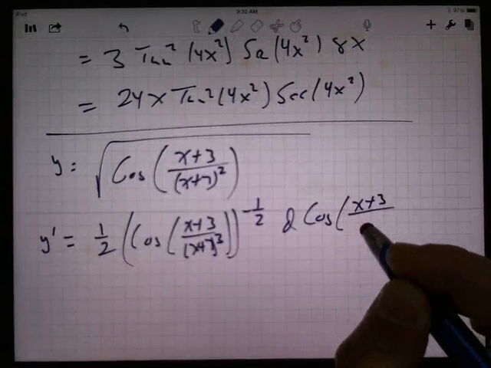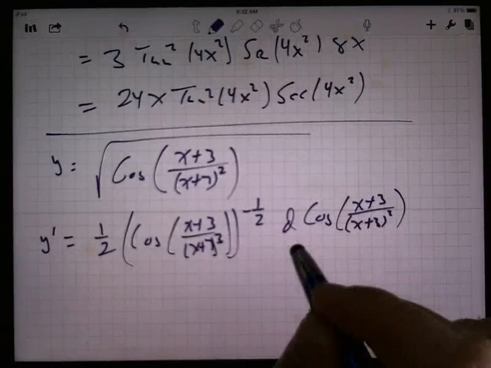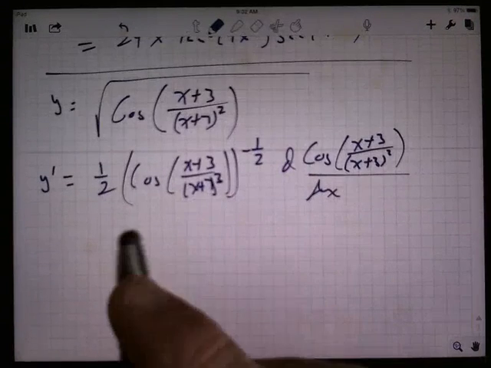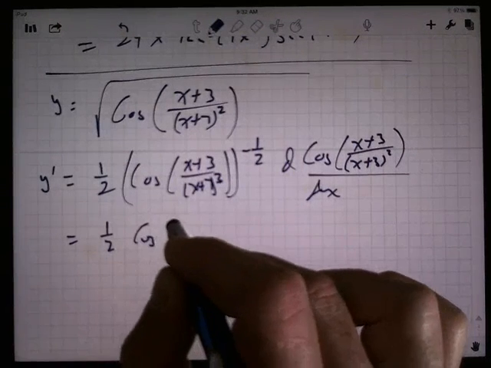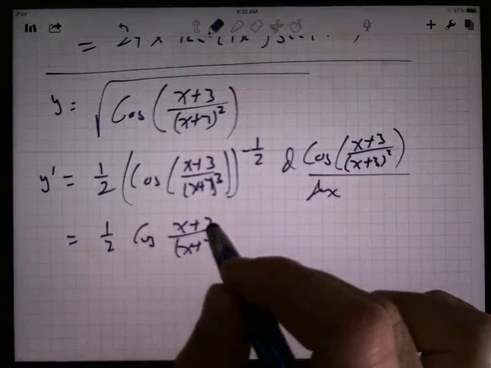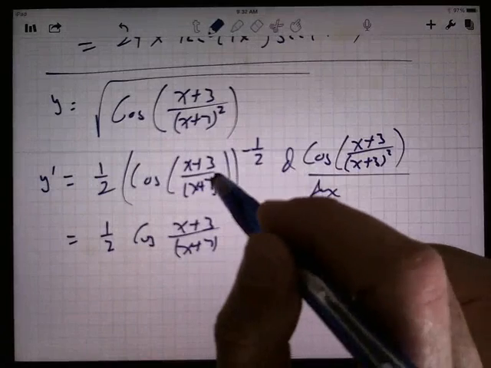And what's inside is this cosine of something. So I've got 1/2 cosine of (x plus 3) over (x plus 7) squared, to the minus a half power. That's supposed to be a squared.